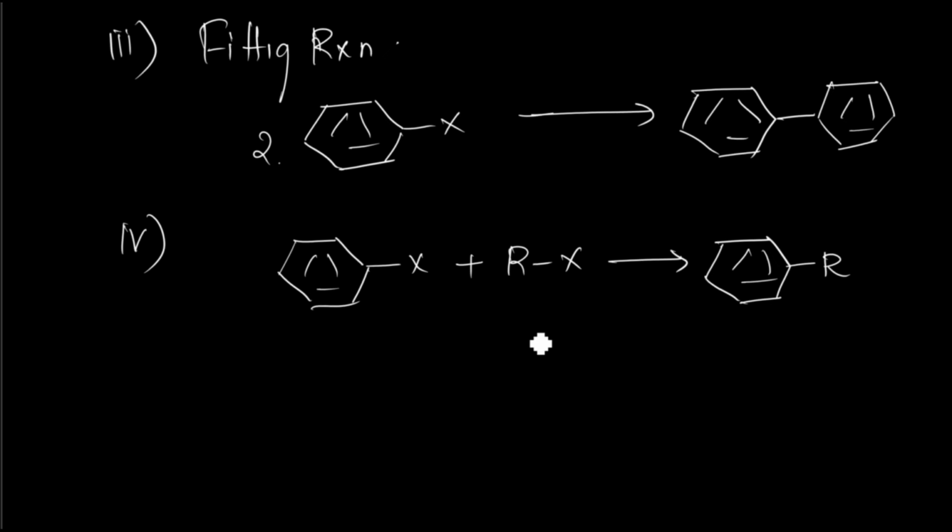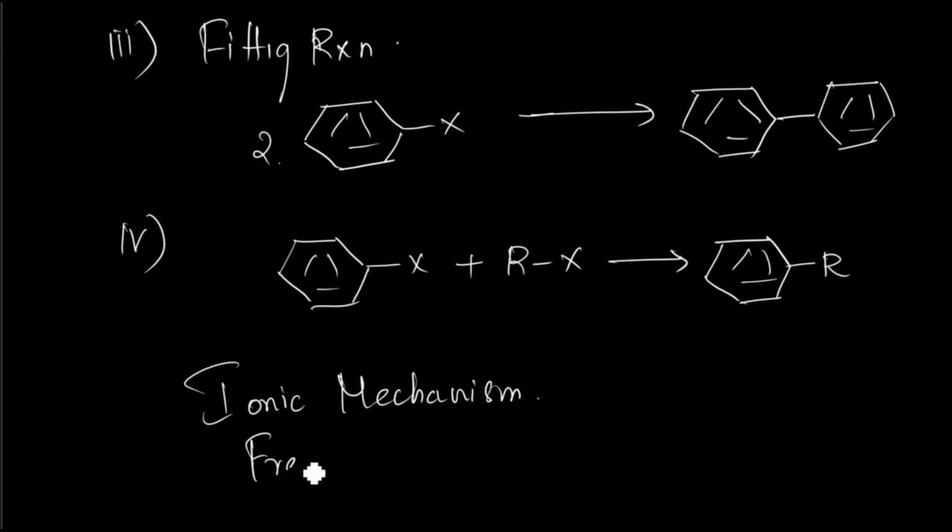Okay, so this is one of those methods, and these undergo an ionic mechanism and sometimes a free radical mechanism as well. There are 2 types of mechanism it would follow, ionic and free radical. Then from Grignard reagent, so RMgX, you can prepare our hydrocarbons.